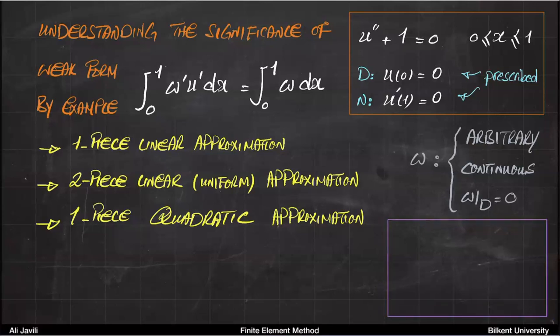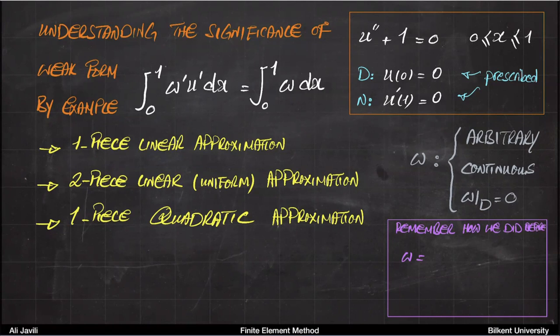Okay, so remember how we did before. Previously, we start with something like the W, and I'm talking about a linear approximation, for instance.